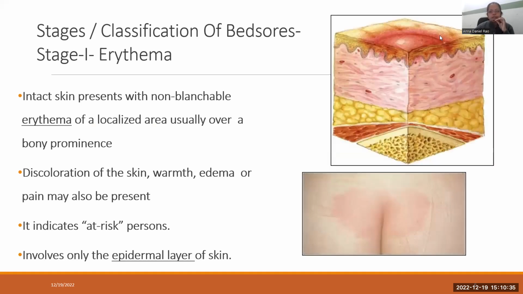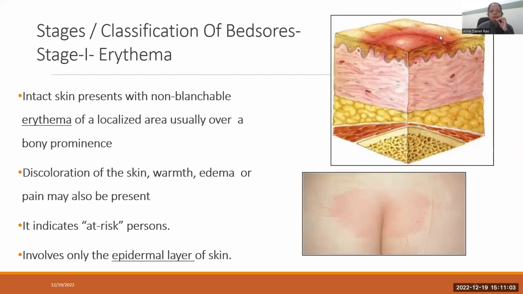So let us not forget the stages. We all know them, and at one point of time or another, we might be observing them in patients. So basic things we will not forget. Stage 1: there will be erythema. The local area will appear pinkish in color. Warmth also may be found there.